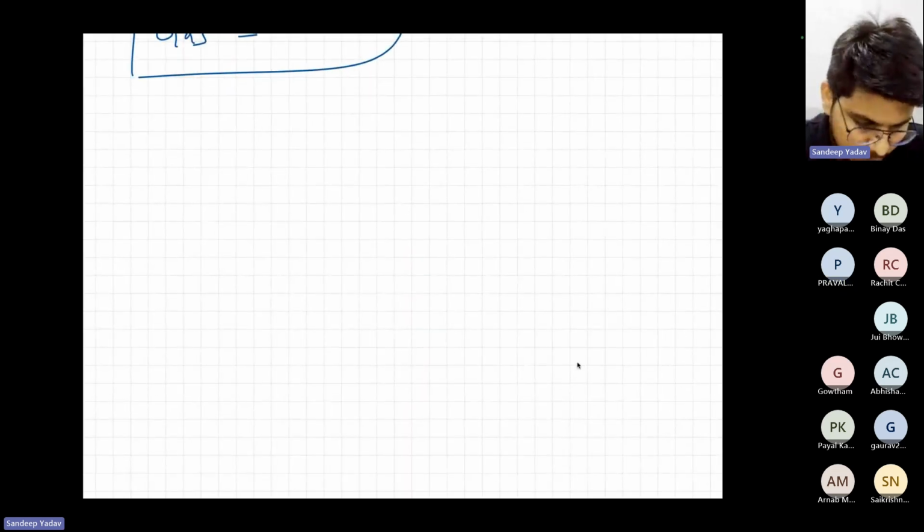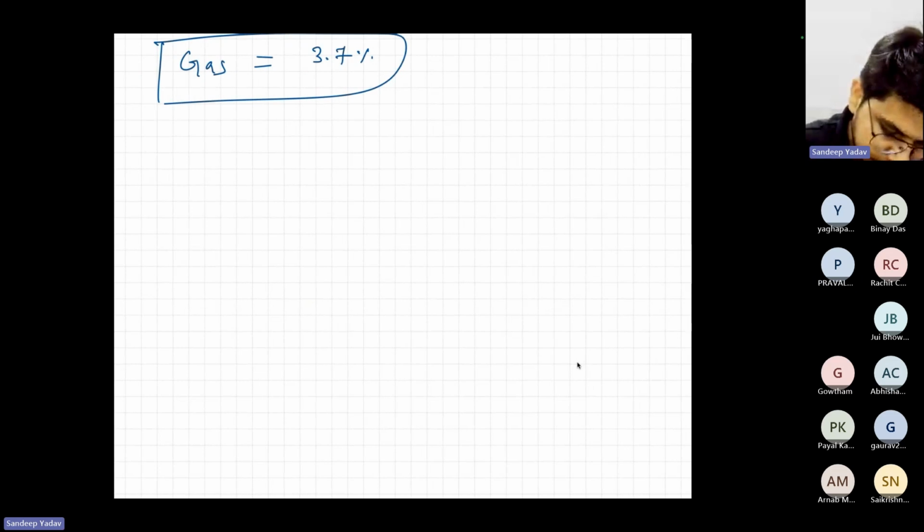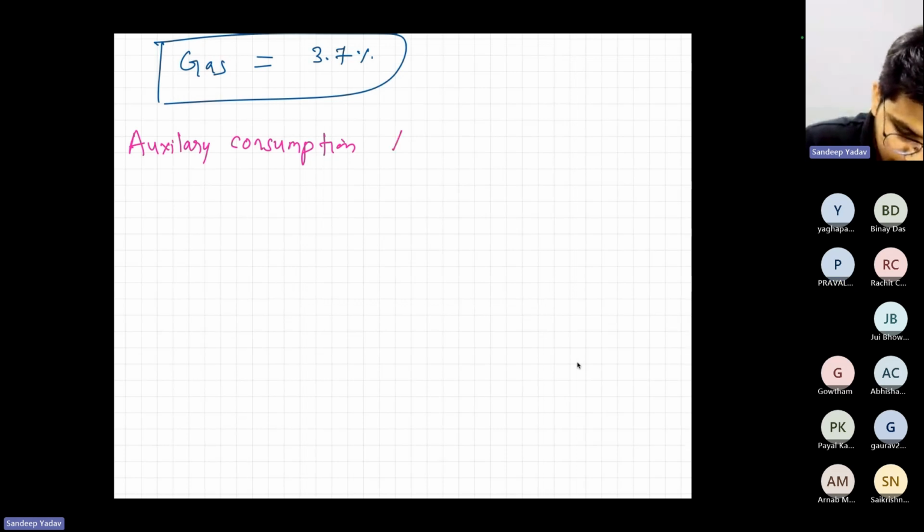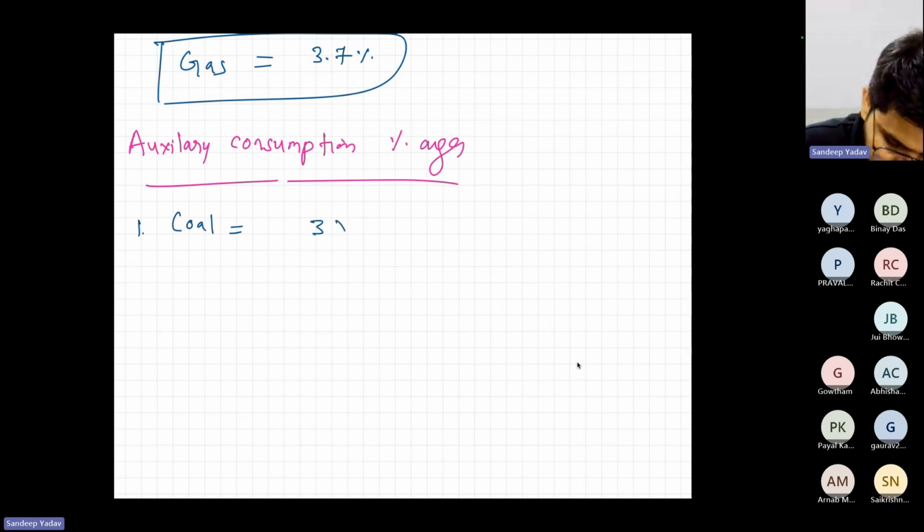For that, you just have to calculate the auxiliary consumption percentage. For the coal, the auxiliary consumption was given as 10 into 3 million units.